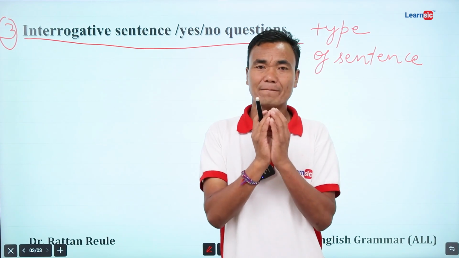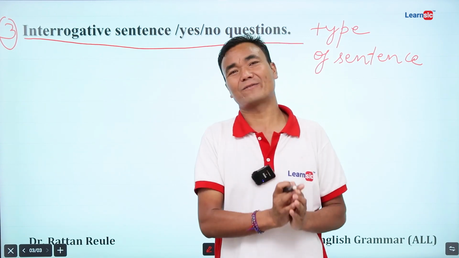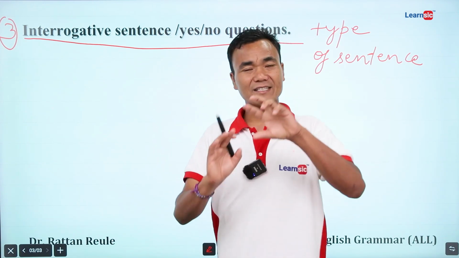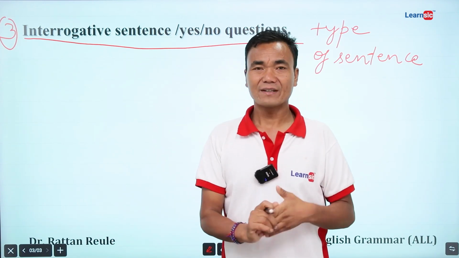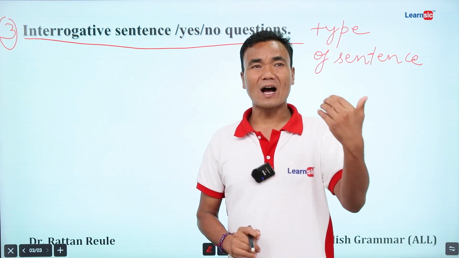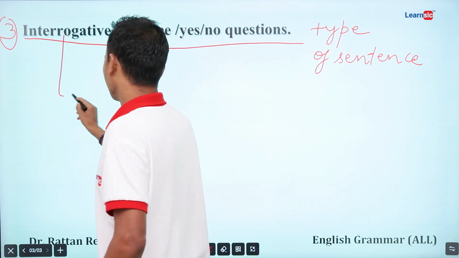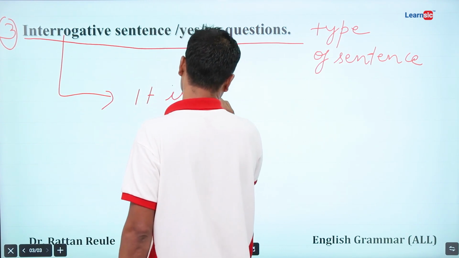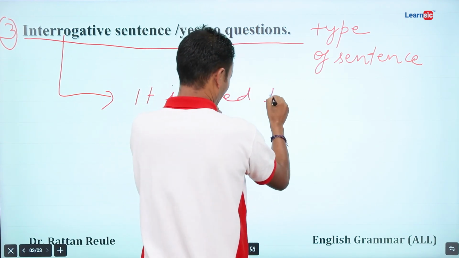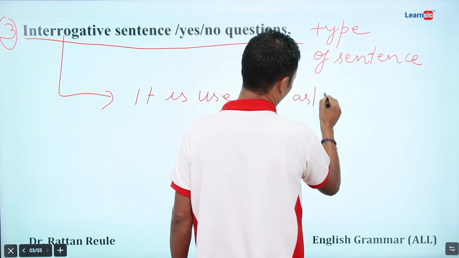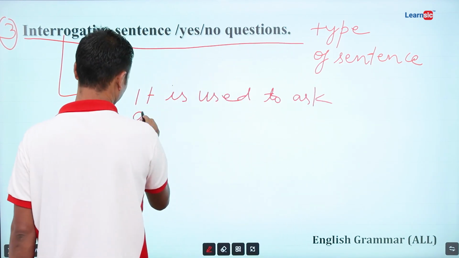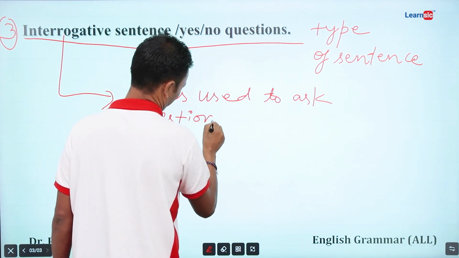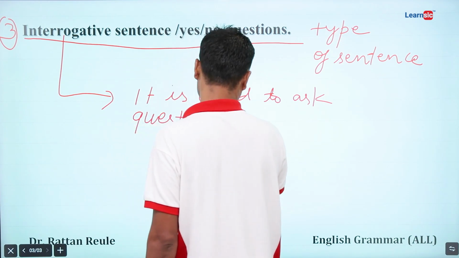First, it's a very unique kind of sentence. An interrogative sentence is a very unique kind of sentence. It is used to ask questions.